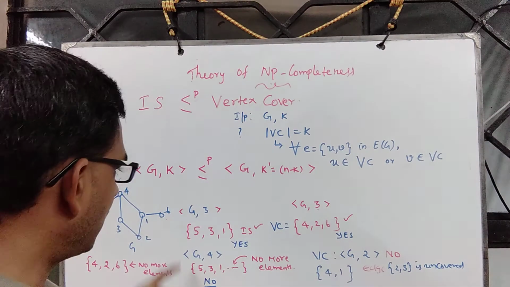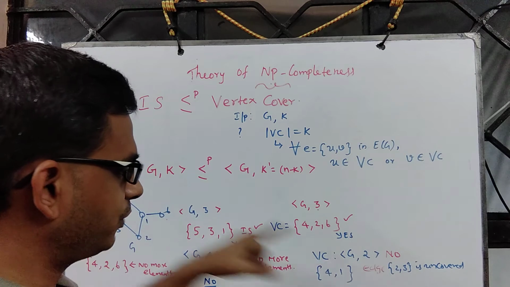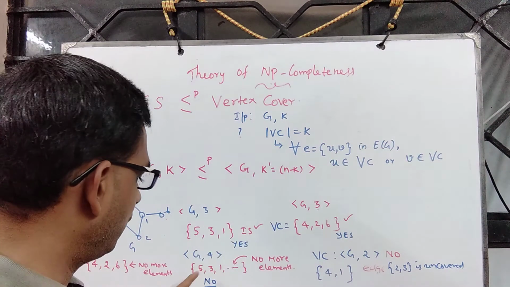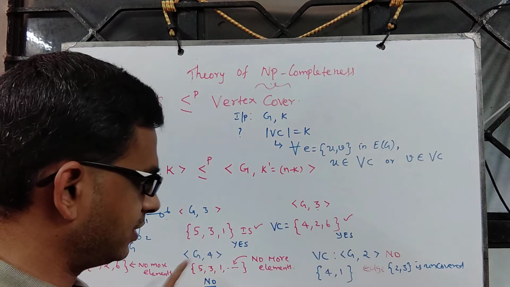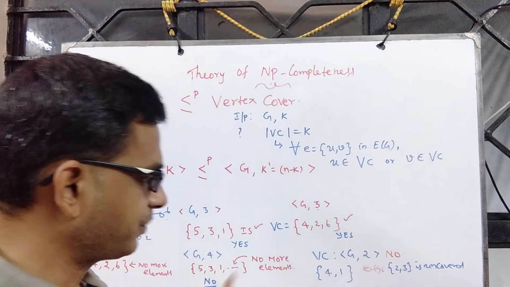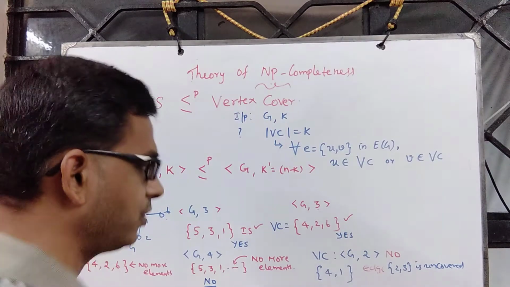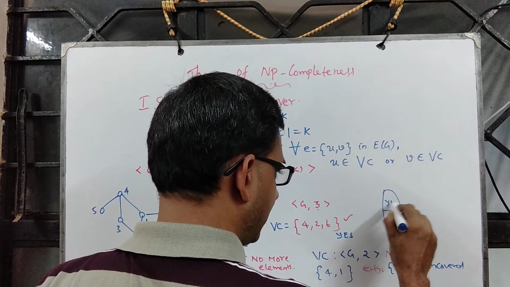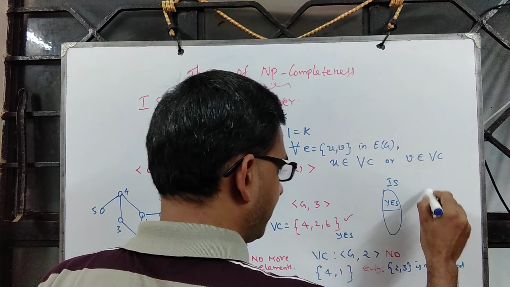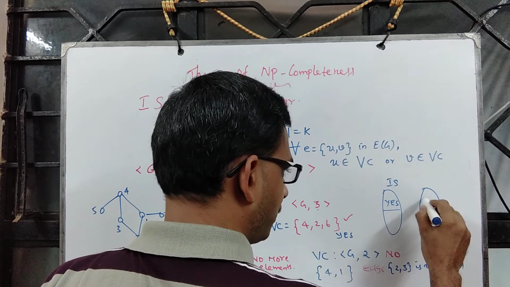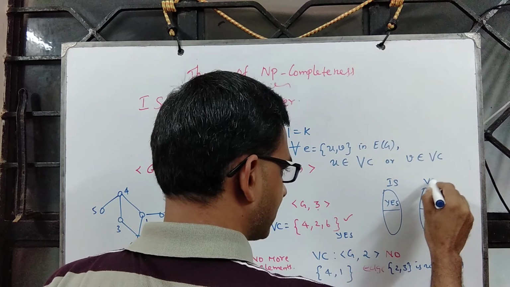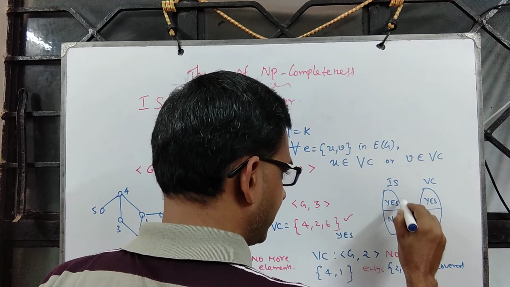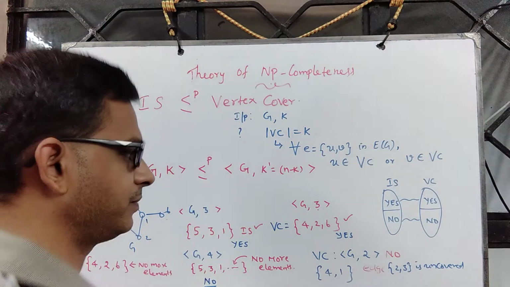G comma 4 of independent set is mapped to G comma 2 of vertex cover. Now solution to this is no and our answer to this question is no. So we clearly see that at least for this example, yes of independent set is mapped to yes of vertex cover, no is mapped to no. So we see that this is how the map exists.